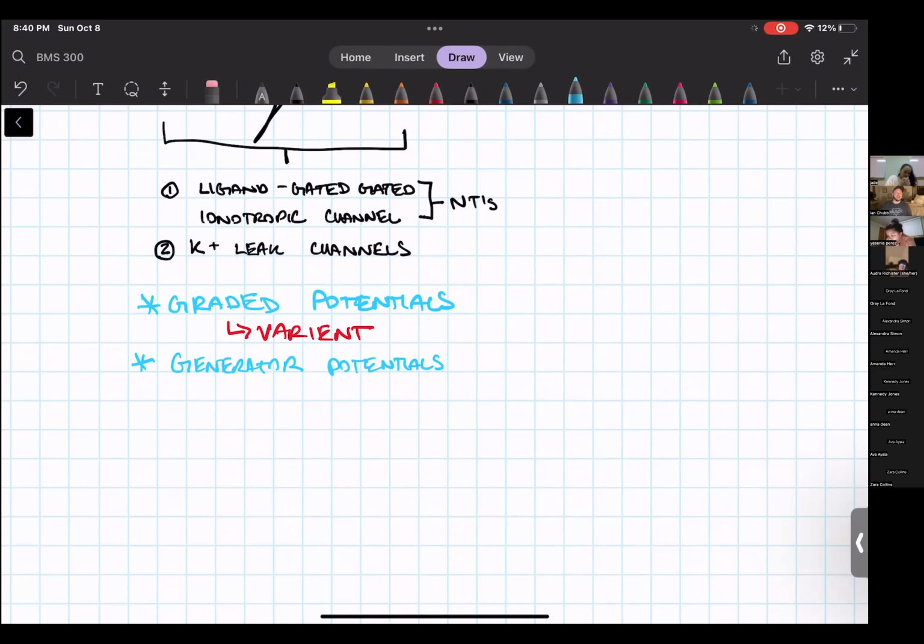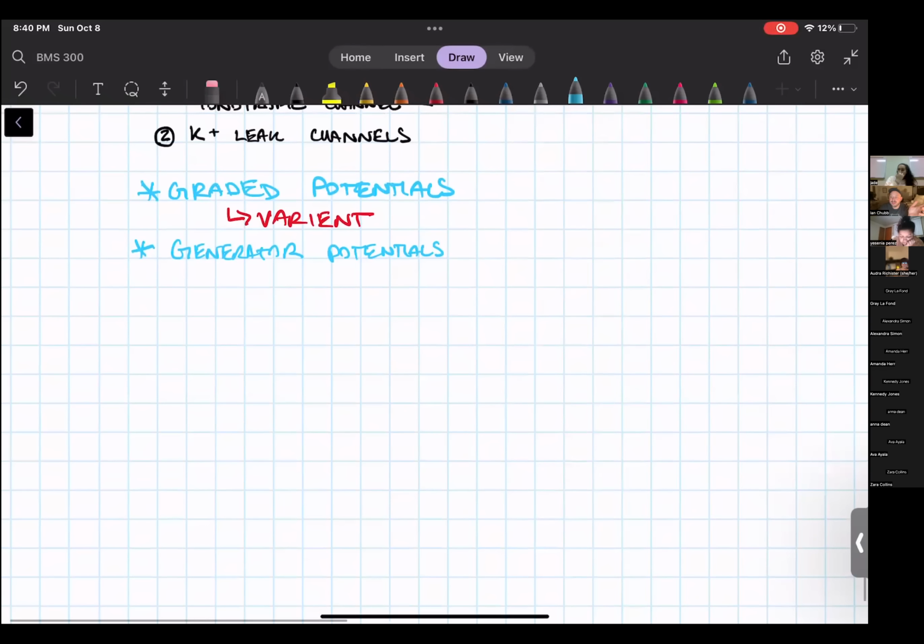So I will say essentially they're the same in the way that they are in the input region and they have to summate to get to threshold to have an action potential. The way that they're different is that generator potentials always occur at a first order neuron, usually due to mechanically activated or stretch activated channels.